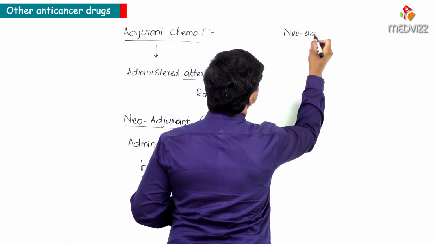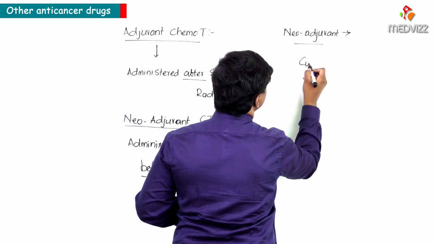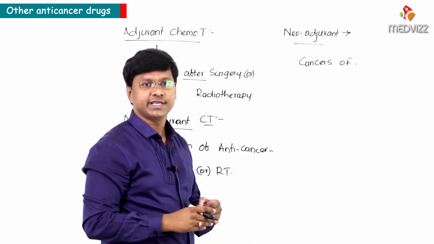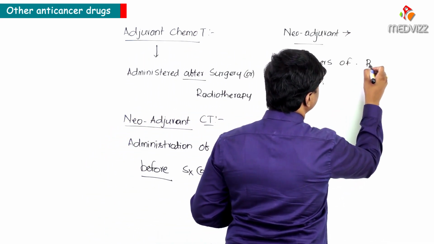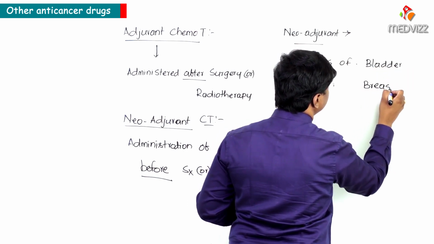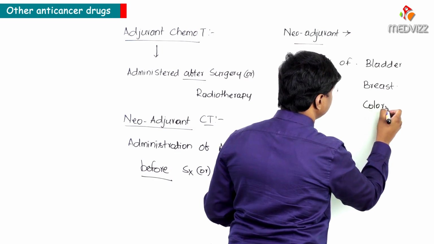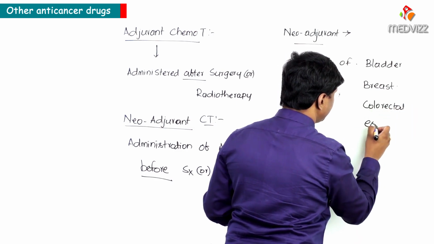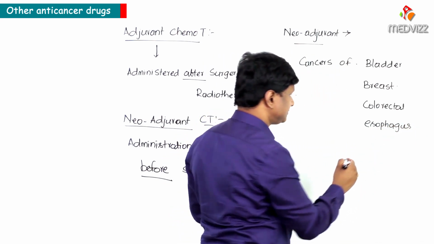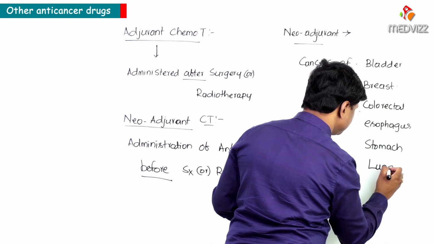Remember, this neoadjuvant chemotherapy is used in cancers of the bladder, breast, colorectal carcinoma, the esophagus, stomach, and as well as lung, right?